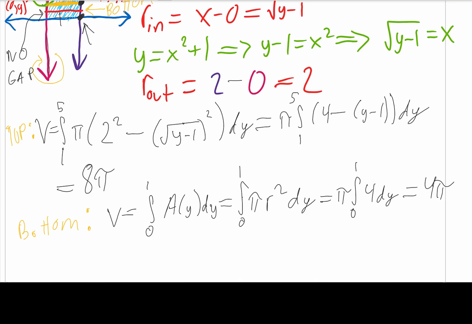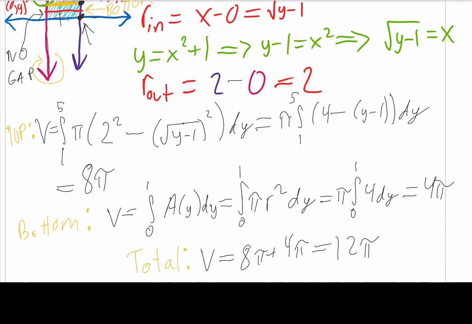And so then in total, we will have a volume of 8 pi plus 4 pi, which will give us 12 pi for our total volume.